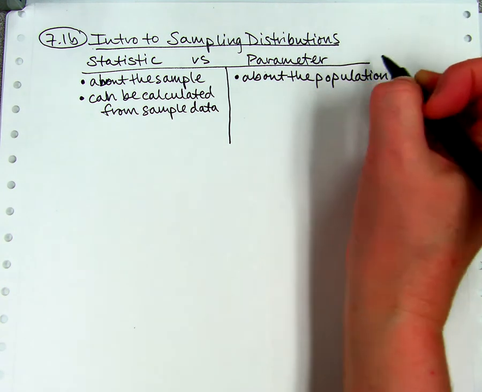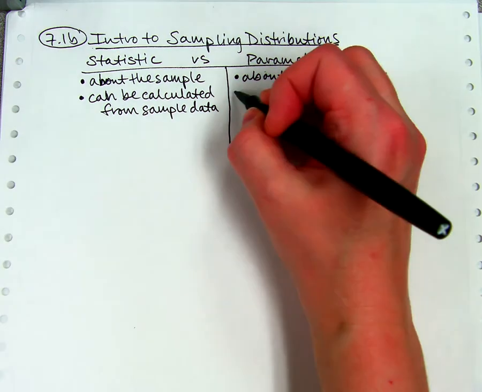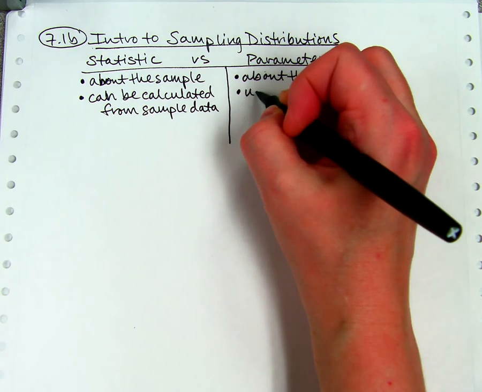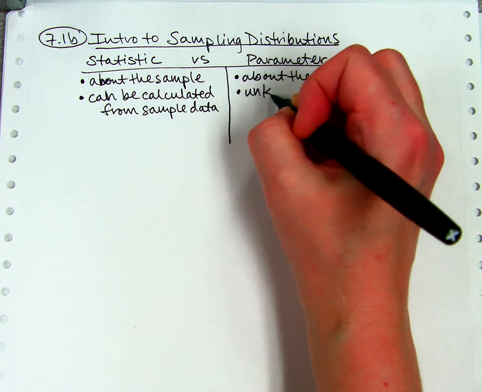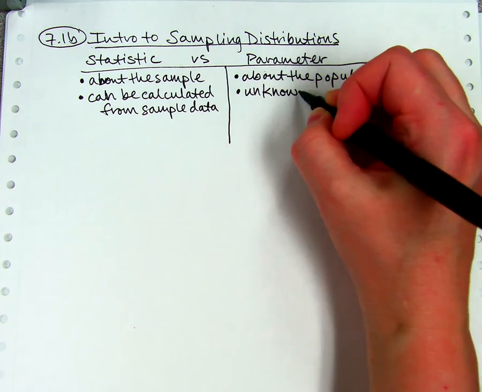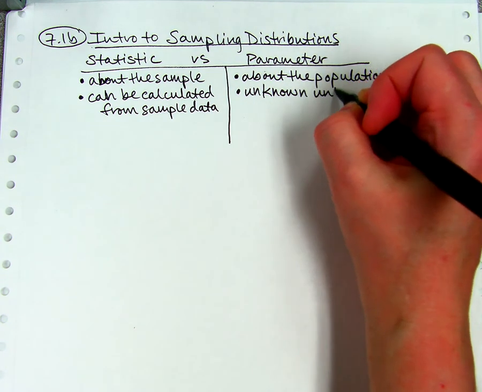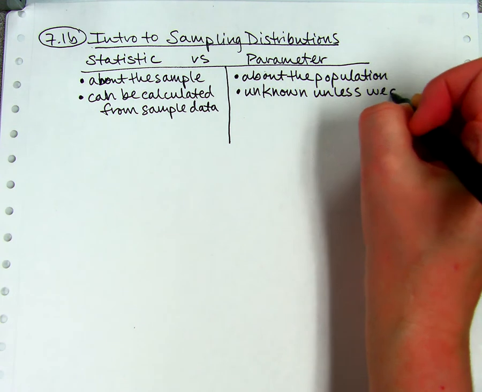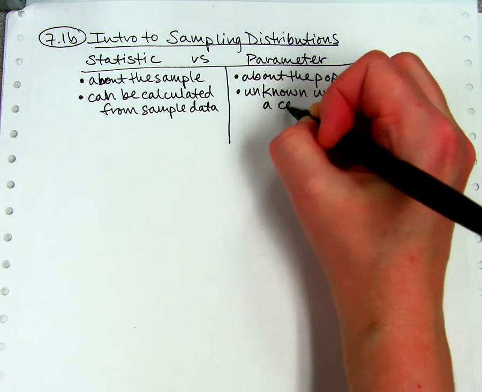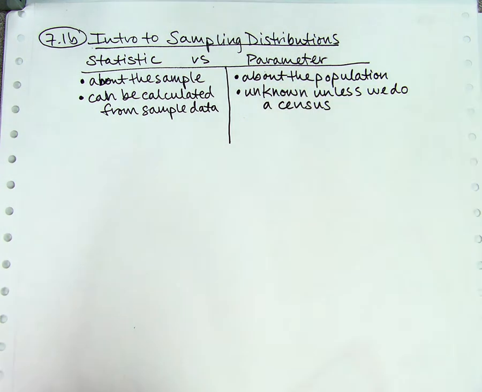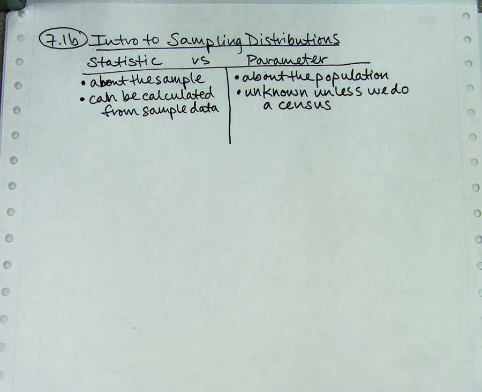And we usually don't know the parameter. It is unknown unless we do a census, which has got all kinds of problems involved. We may have talked about that before. And remember, a census is data about the whole entire population, and usually that's not what we're doing.